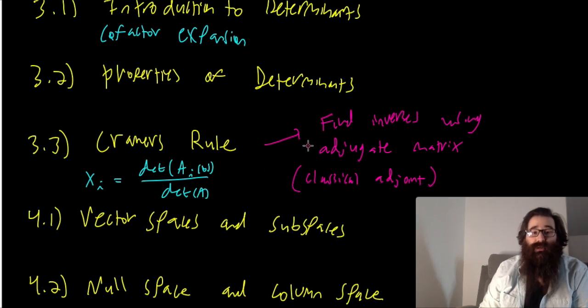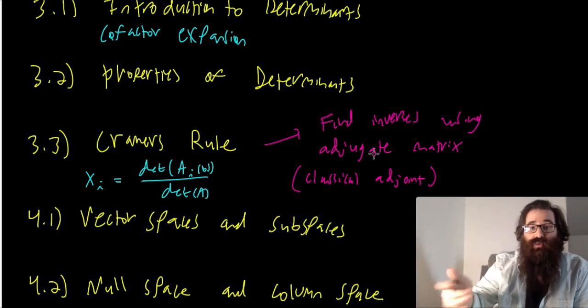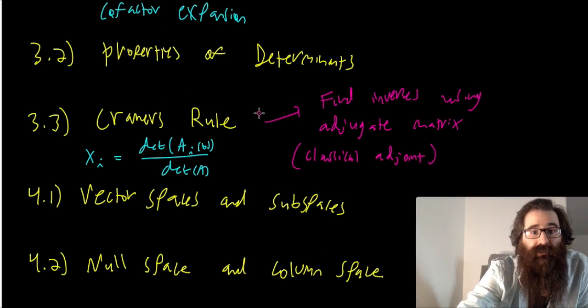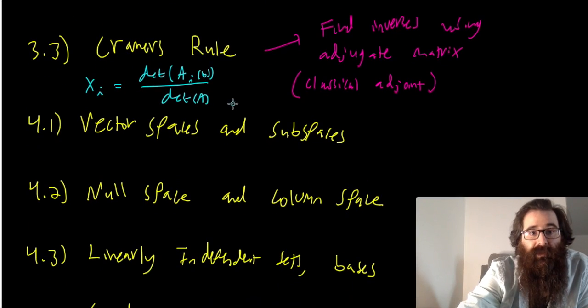And this is important too, so make sure that in 3.3, not only are you comfortable with going through the steps of Cramer's rule, but also that you're familiar with this process of, hey, I can find an inverse using this so-called adjugate matrix. So definitely really cool stuff. I want to make sure that you're comfortable with it, familiar with it.